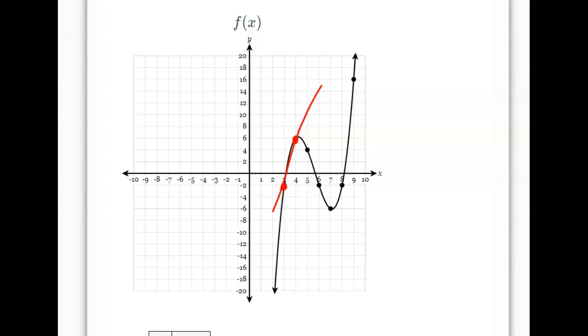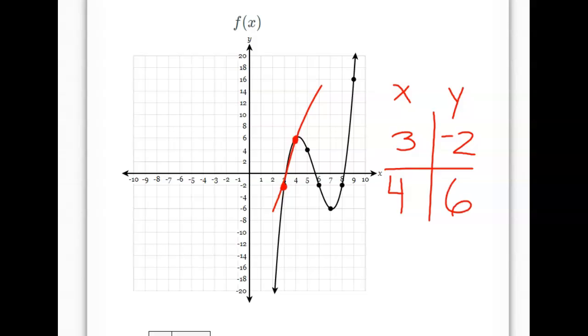So one thing I can do is look at my input values. And then ask myself, when the input is 3, what is the output? So when x is 3, y is negative 2. And when the input is 4, when x is 4, the output is 6. Now I have the option here to measure my change in y divided by change in x on my table.